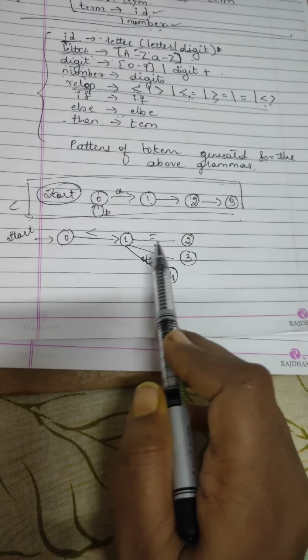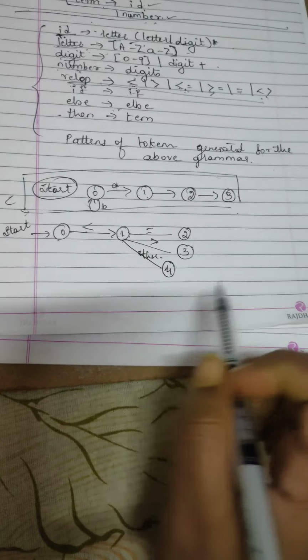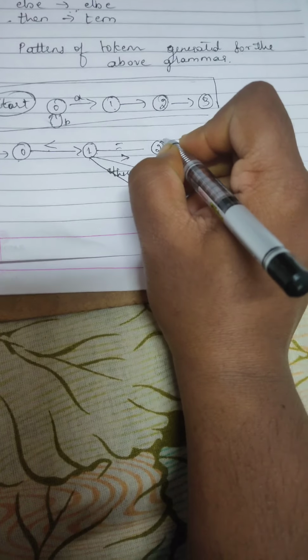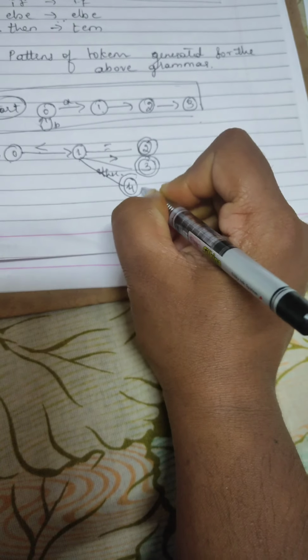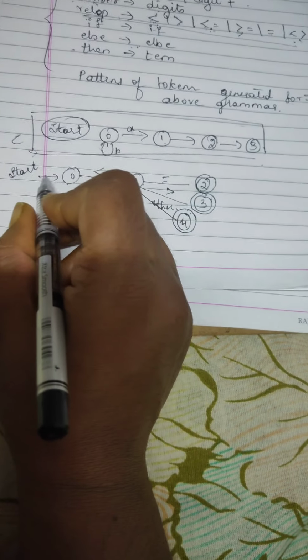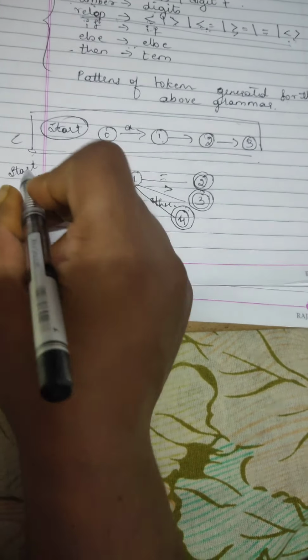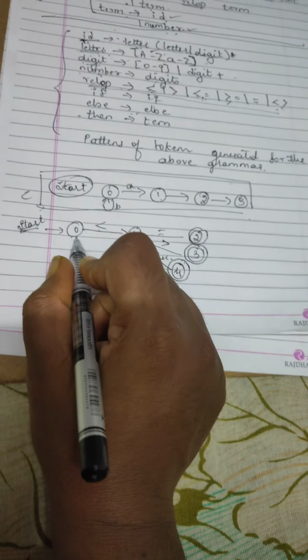If it is not identified, if it is an epsilon, then it should move from state 1 to 4. My terminating state is defined by two circles. A state defined by using two circles is my termination state, and the start state is always drawn with a start icon, and it may start with 0 or may not, it depends.